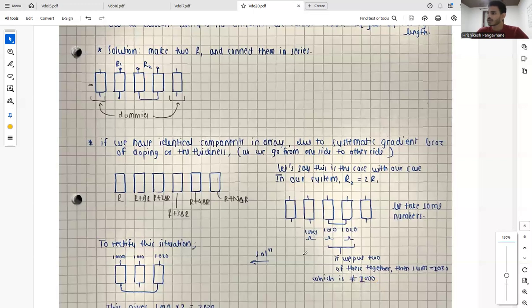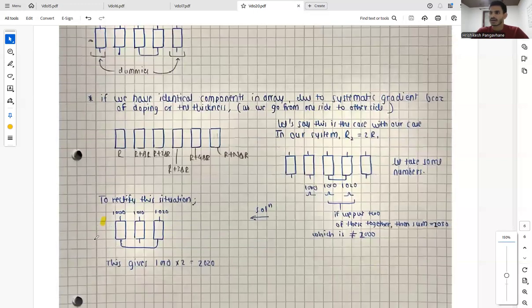The solution to this is, again, we have dummy resistors outside, and we make a series of an array of resistors. What we'll do is consider the middle part as R1, and the outer parts connected in series we will consider as R2.